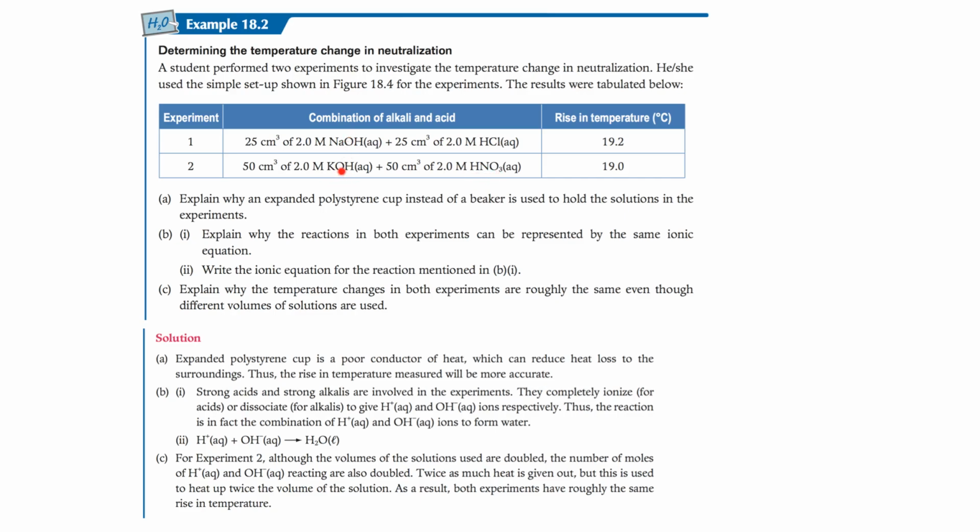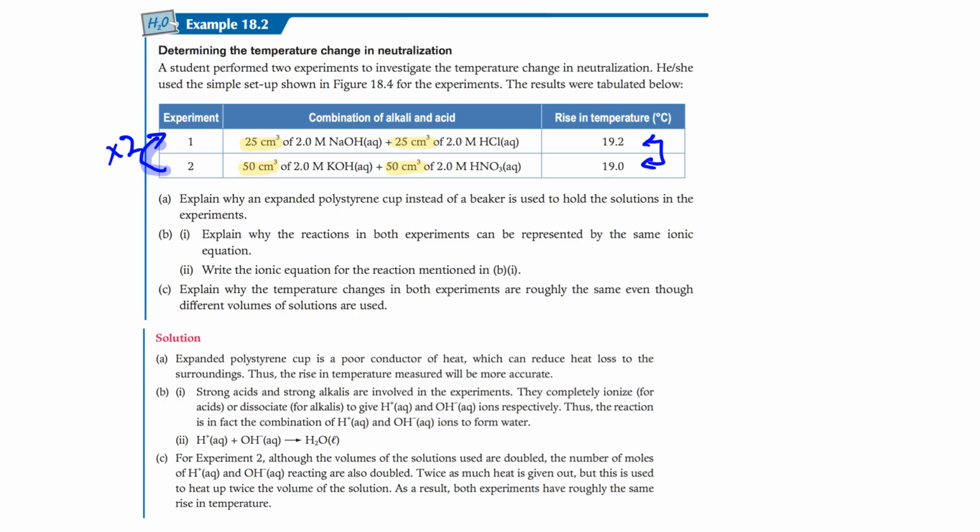Both of them are strong alkali and strong acid. The only difference is the volume. The molarity is the same, but the volumes are 25 and 50. More or less, the second one is double the volume of the first one. But you'll find that the temperature change is more or less the same.